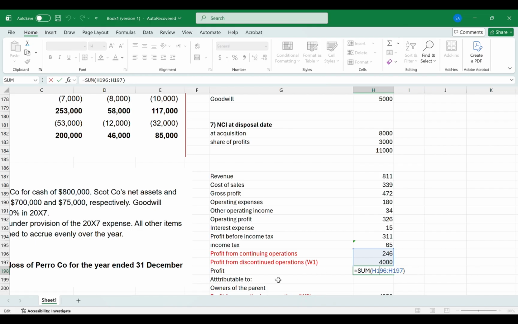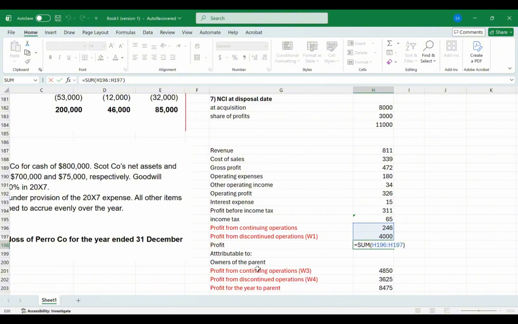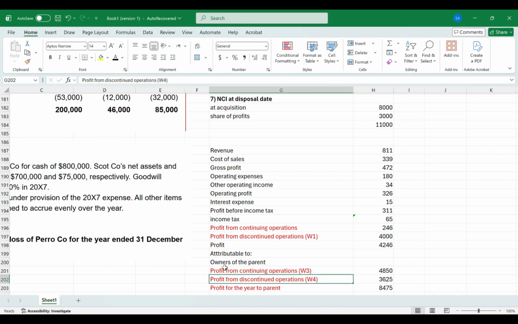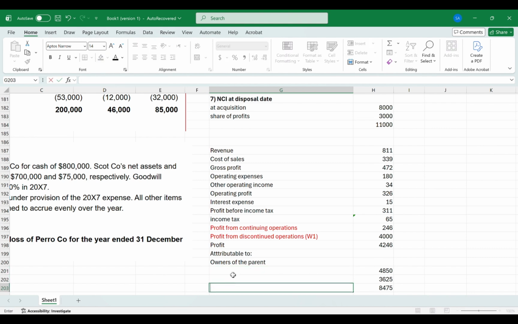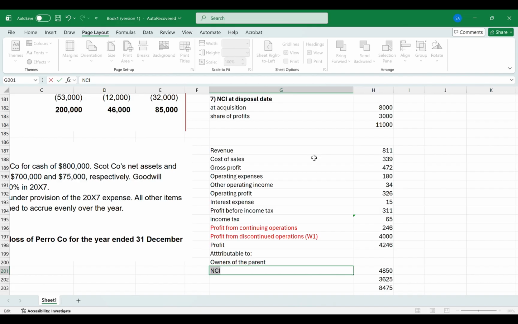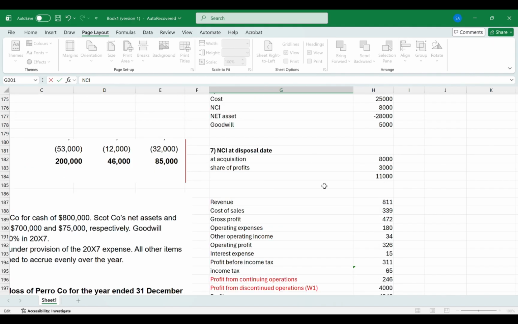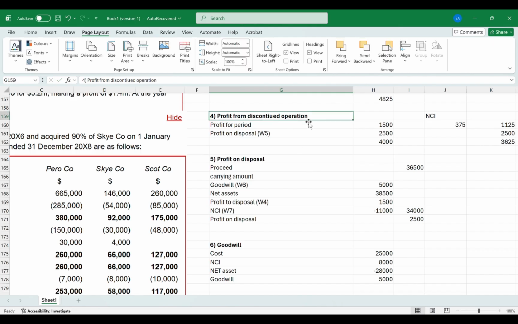And then comes attributable to owners and NCI; there's a separate working for it. Then we'll be moving on to the workings. The first working is profit from discontinued operation. Working number 4 itself I will show here; it's working number 1 for this question.